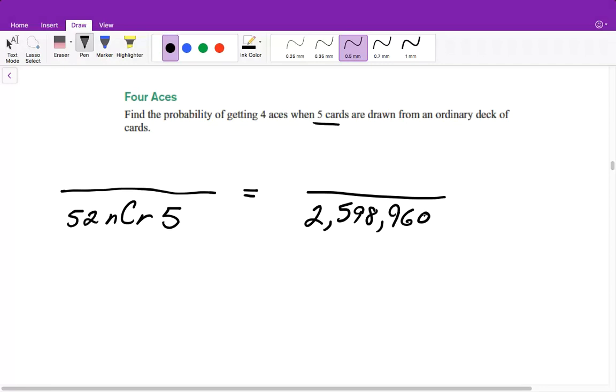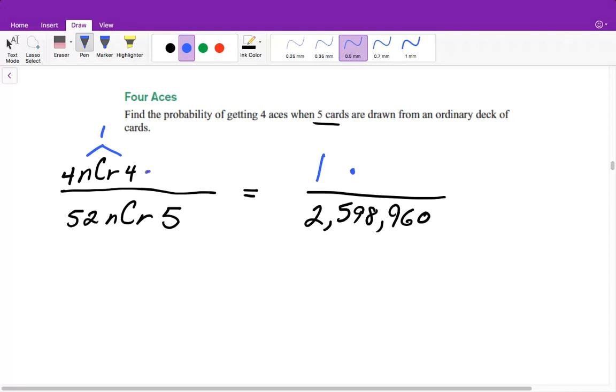So now we need to think about what we want to do. We want to know the probability of getting 4 aces. So that means there are a total of 4 aces in our deck of cards. And we're trying to find the total number of combinations that we can pick 4 of them. So we are going to do 4 nCr 4, which when you plug into your calculator, you will learn will be equal to 1, because there's only one way you can pick 4 of the 4 of a kind. So that will then be equal to 1.